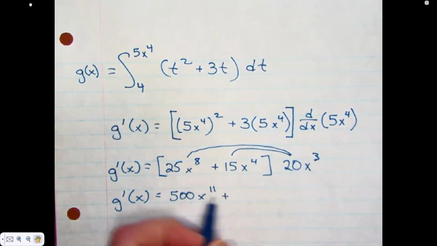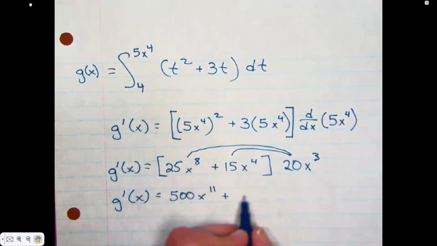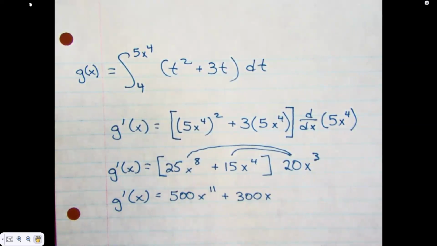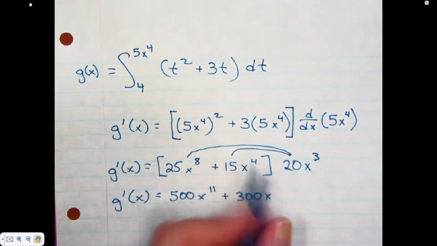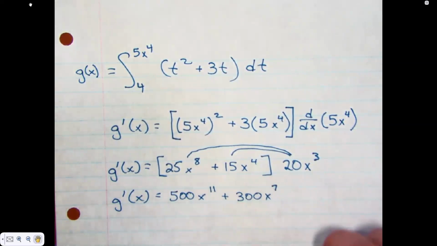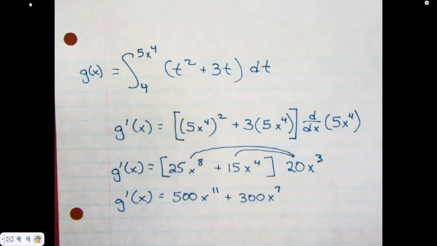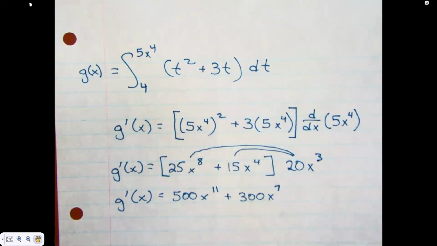And then 15 times 20 gives us 300. And then x to, now we're multiplying, so what do we do when we're multiplying? Add those exponents, x to the 7. Again, I would take this, but this one we could do by hand, kind of like we did the first one, and then it would be like this. So don't panic with it.